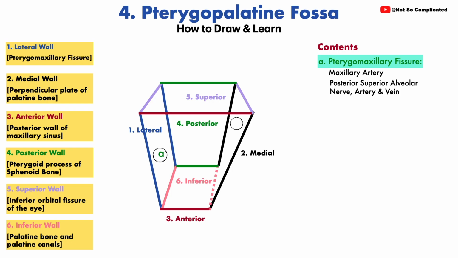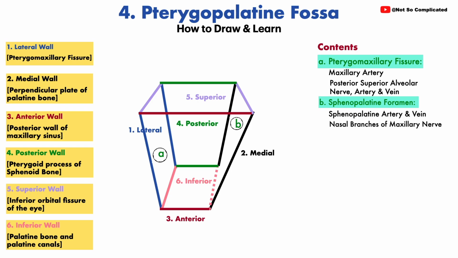Alright, so there will be a fissure in the medial wall also. That fissure is called the sphenopalatine foramen, and there will be different structures passing through it, obviously by the name, sphenopalatine. So the sphenopalatine artery and vein will be passing through it, and the nasal branches of the maxillary nerve will also be passing through it.